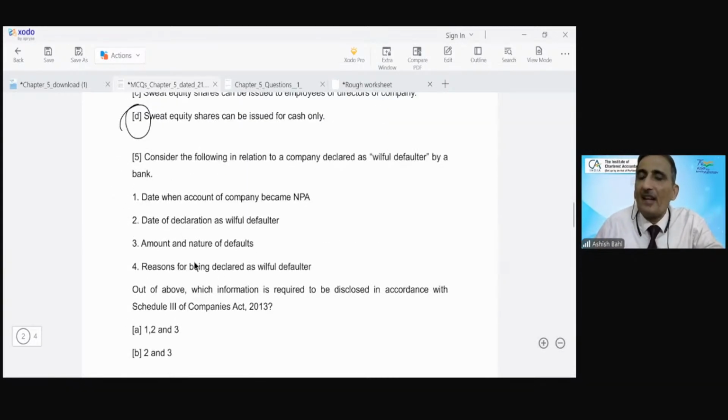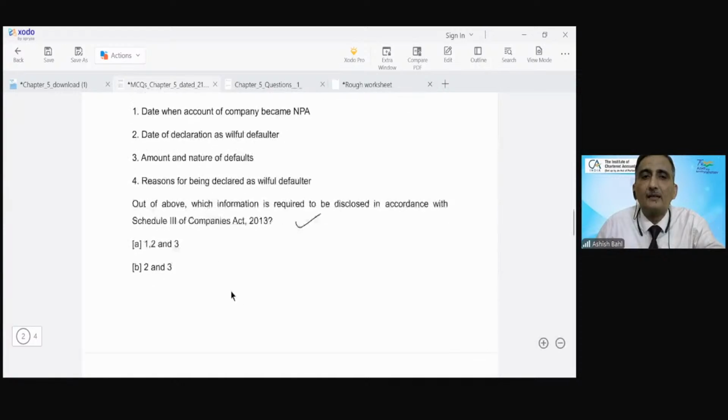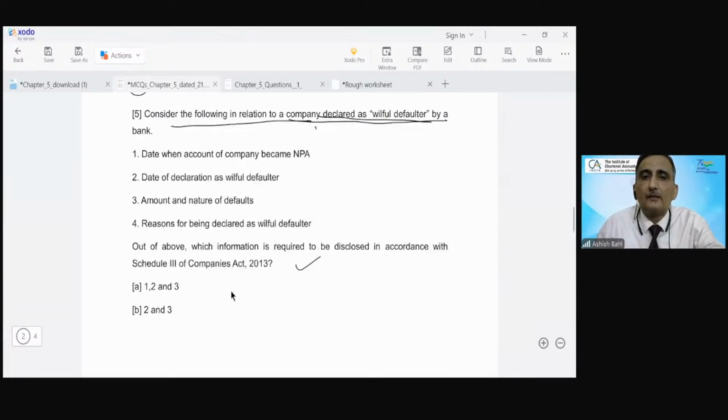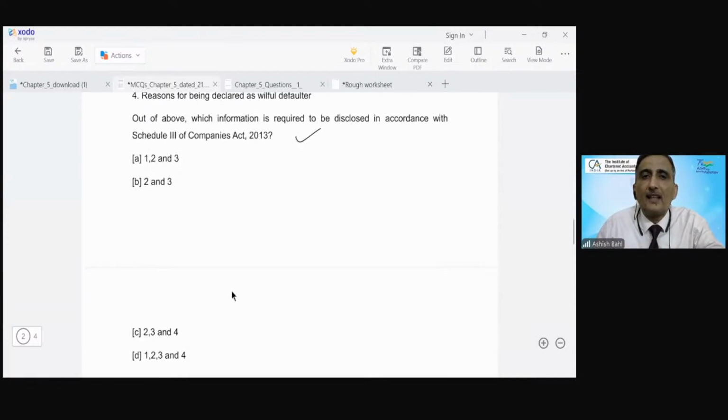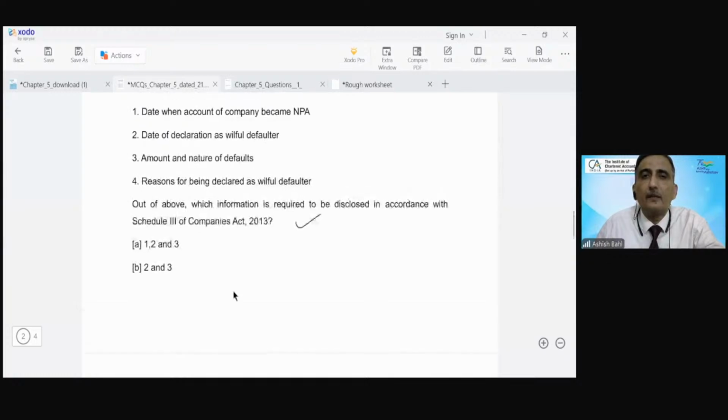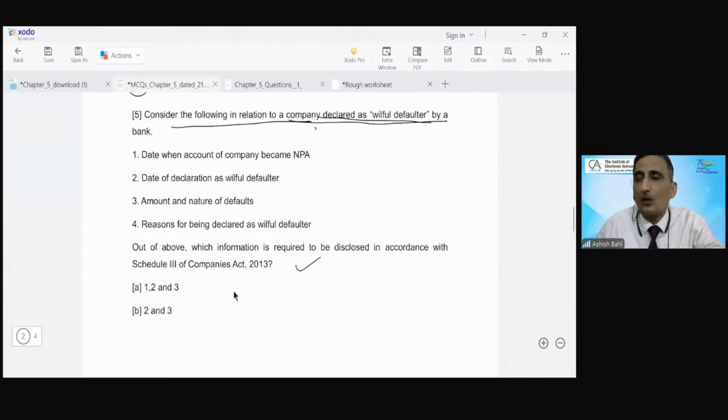See question number 5. Consider the following in relation to a company declared as a willful defaulter by a bank. Which information is required as per Schedule 3 of Companies Act? Which option is right? Four options are there. So first you read this, then I will scroll the mouse.